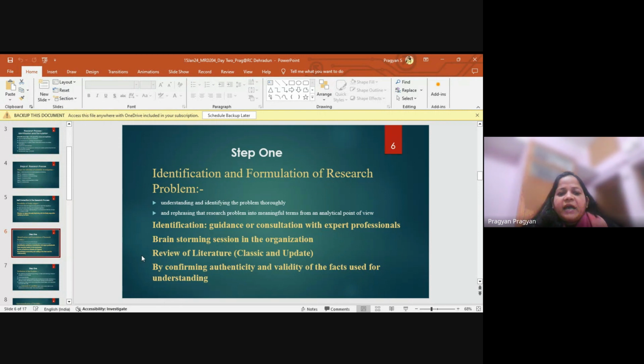And this identification can be done by several things. First of all, that is written there. You can have a discussion, consultation with your colleagues, seniors.